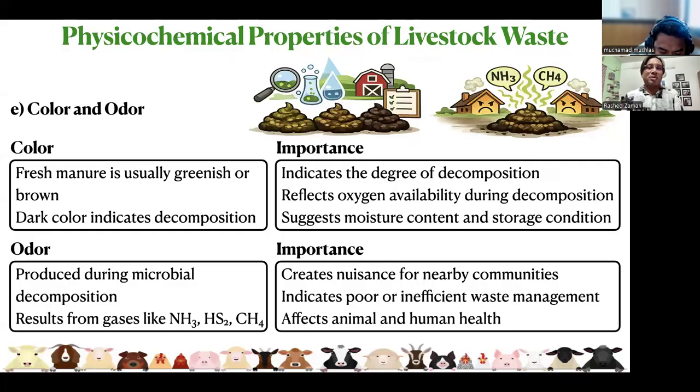And it also affects animal and human health, because gases like ammonia, hydrogen sulfide, methane sometimes cause irritation to the eyes or the respiratory system, and ultimately it is not good for human health as well as for animal health.